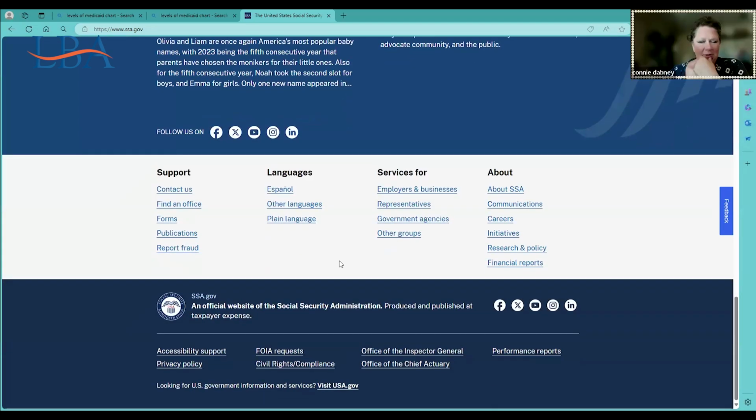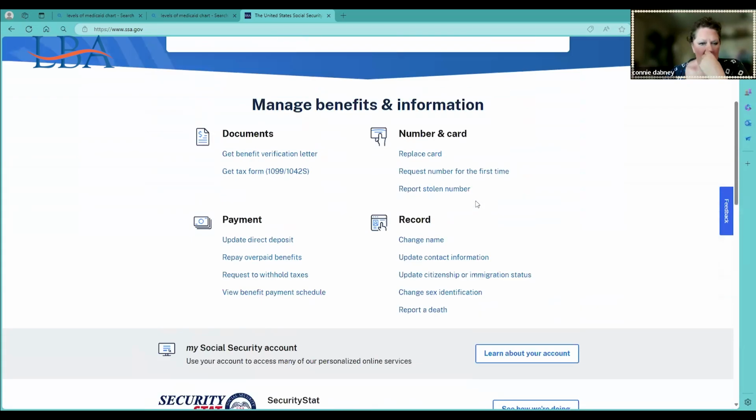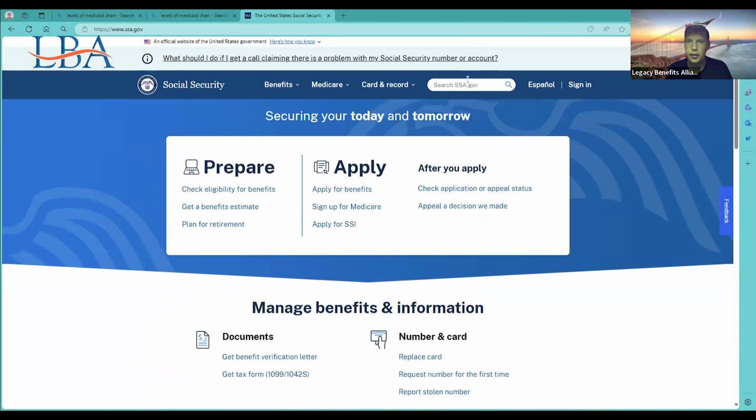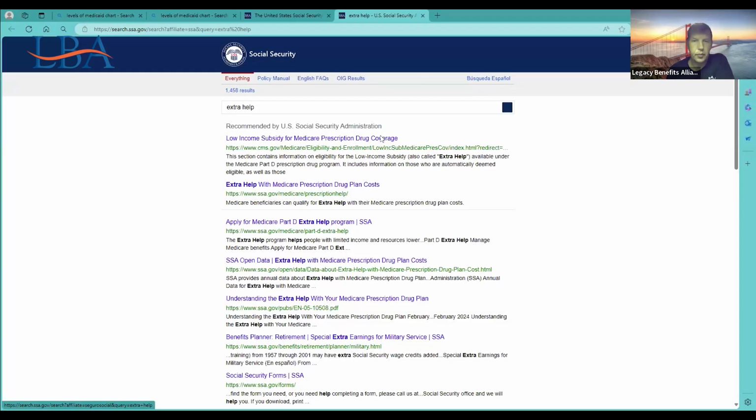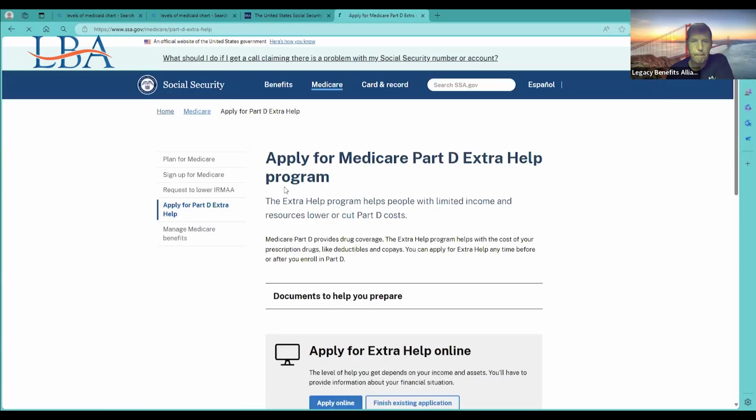Yeah, I was a little confused. The search button. Oh, hey, here we go. Extra help. Oh, that's what it was. Medicare Part D extra help.